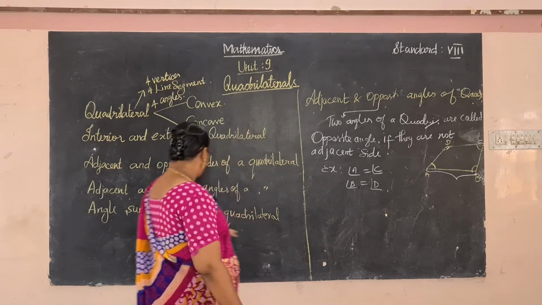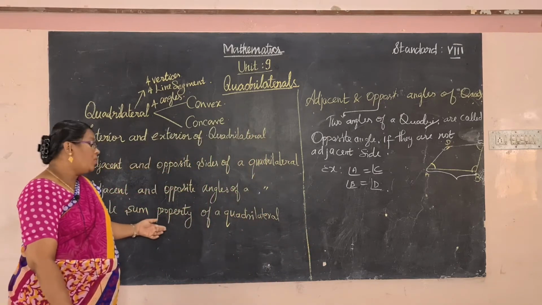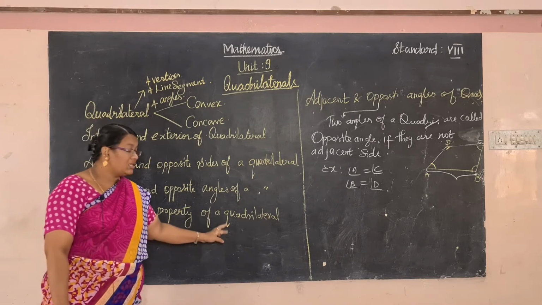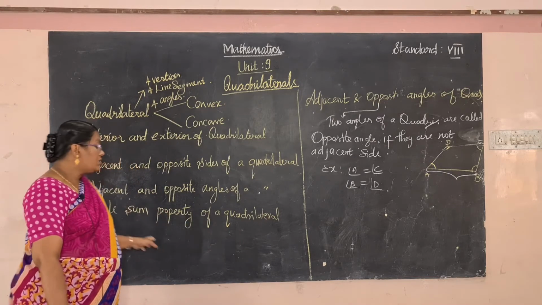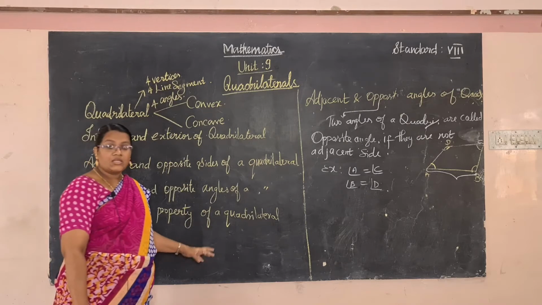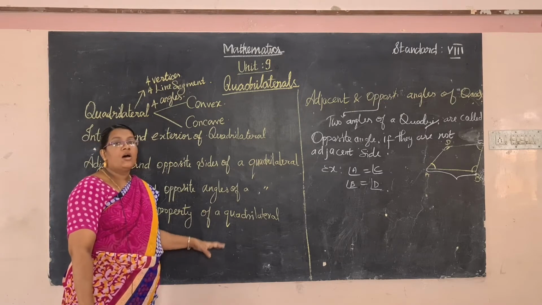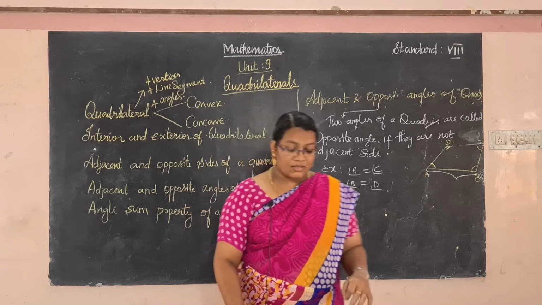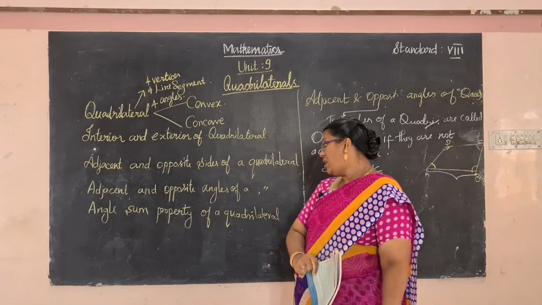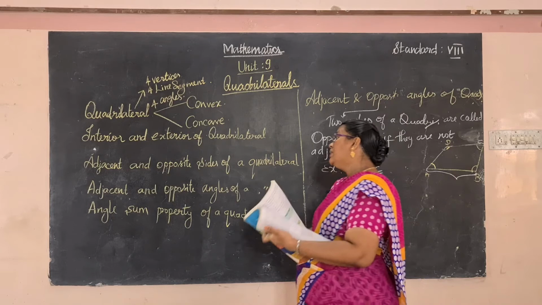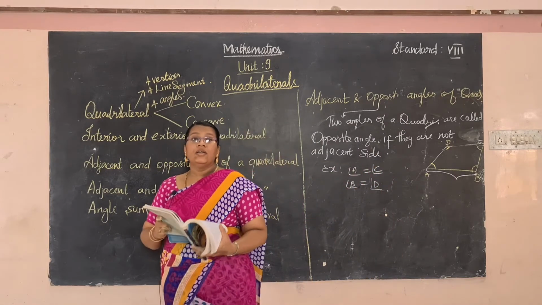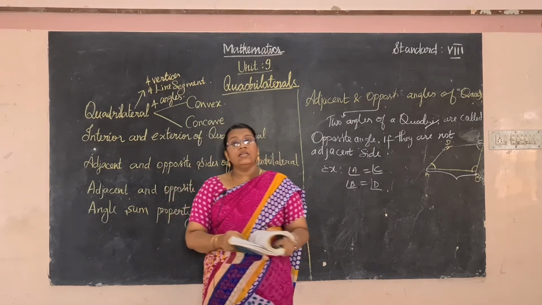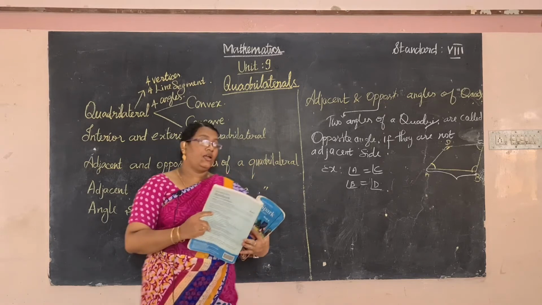Here also the same. Here how many angles are there? 4, because it's a quadrilateral. So the sum of 4 angles is 360 degrees. So what is the definition of angle sum property of the quadrilateral? The sum of 4 angles is 360 degrees.